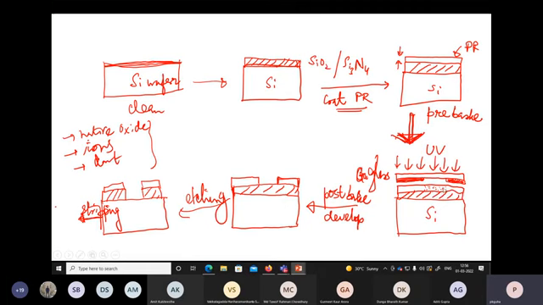So that chemical change will take place. And if we don't use post baking, people found that the removal of the resist from this part will not be that good. So post baking is as important as pre baking. Pre baking will ensure the photoresist will stick to the substrate, and post bake will help in developing the photoresist. Okay.